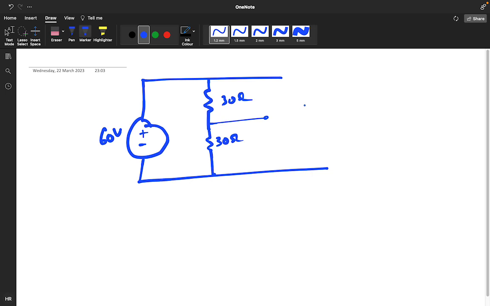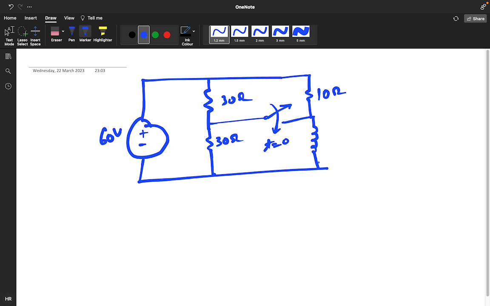That's a switch. Okay, the switch at t equals 0 is getting closed. Earlier it was open. This is 10 ohm.